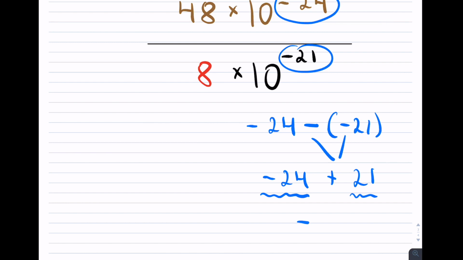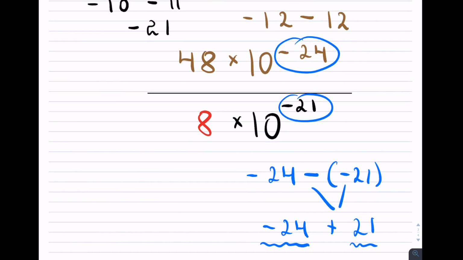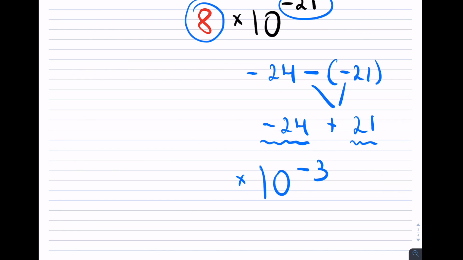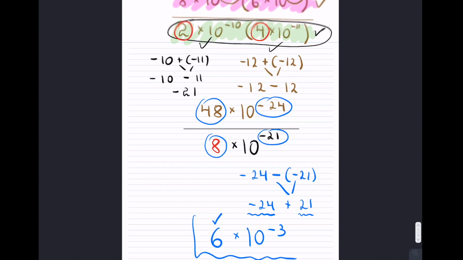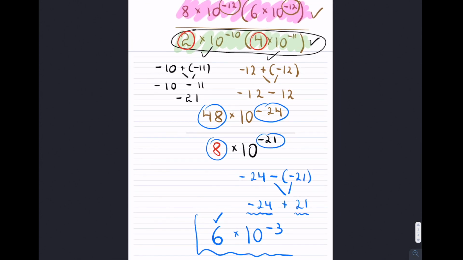So this will leave you only with negative 3. So that's 10 to the negative 3. And next, 48 divided by 8, well, that's 6. Now I have a mantissa, which completes this question. So that was a long one.